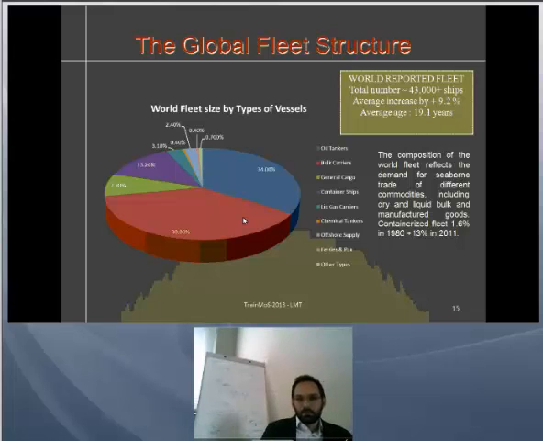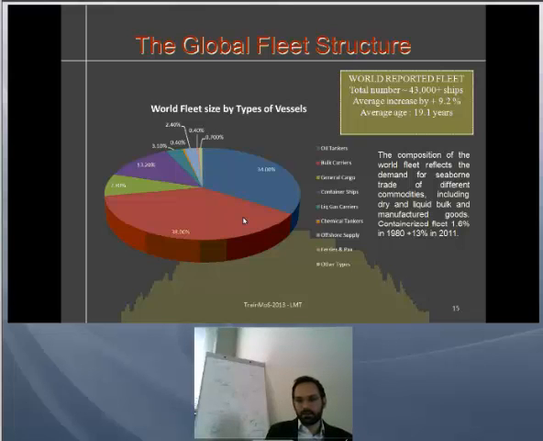The world reported fleet counts about 43,000 ships approximately, and it has had an average increase in the latest years of 9.2% annually, and the average age is about 19 years old.